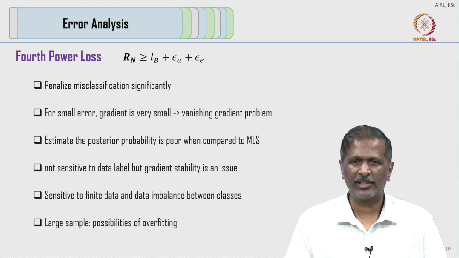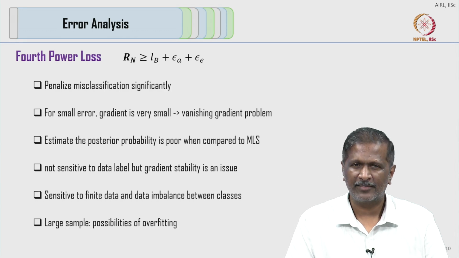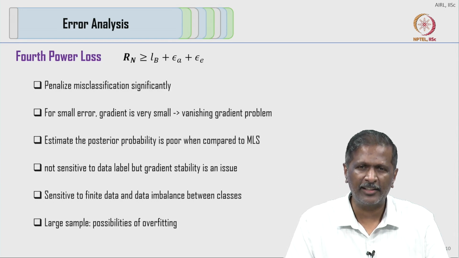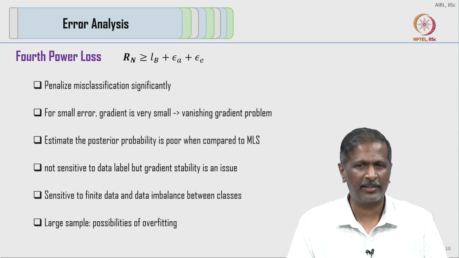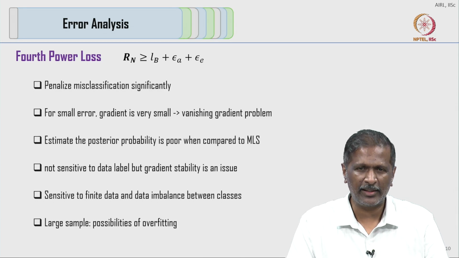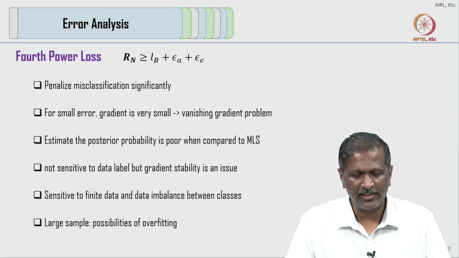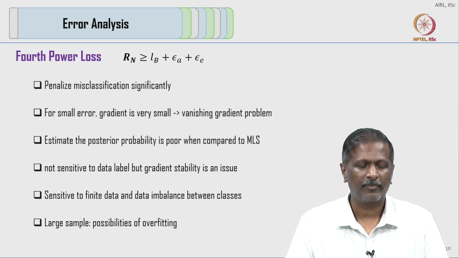If I look at the estimation of the posterior probability, it is not better when compared to modified least square. It may be comparable with the least square, but it's not better than modified least square. Similar to least square, it's not sensitive to data label, but gradient stability is an issue.